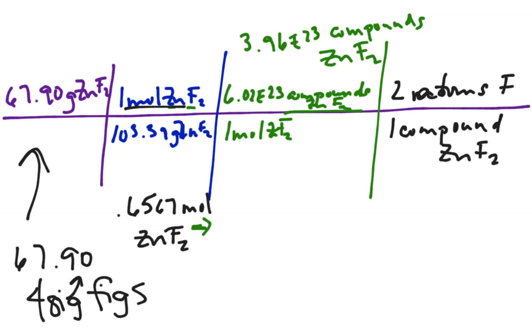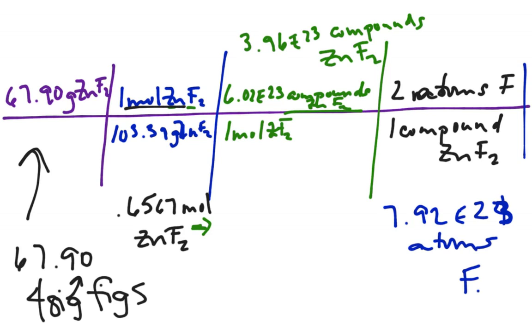And then the last one wants me to go all the way to atoms of fluorine, so I'm going to times it by 2 now. And so I'll go 7.92 e to the 24th. Nope, still 23rd, sorry, still 23rd. Atoms of fluorine. Alright, so that gets me through to number 32, and we will go on to the next one and finish up with that one.